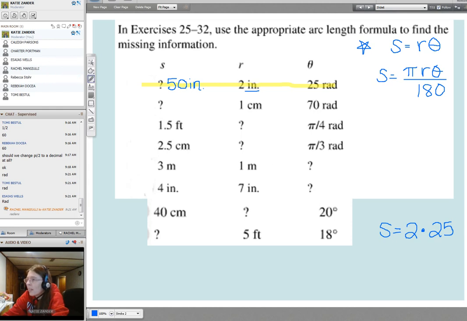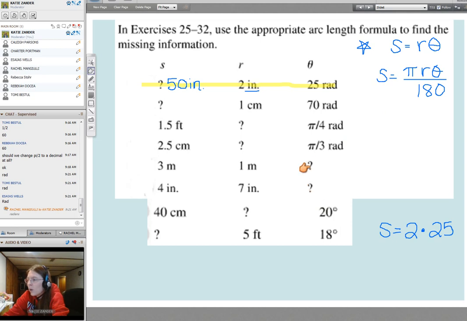Okay, then I'm going to let you guys fill in a couple more of the question marks. When we get to the theta here, because you're not technically given the unit of measure, I will accept it in either radians or degrees.